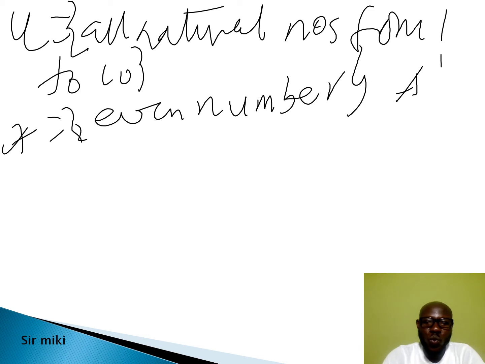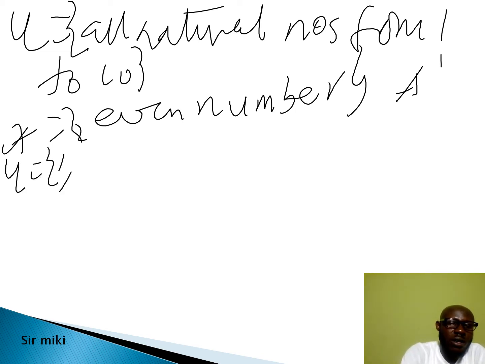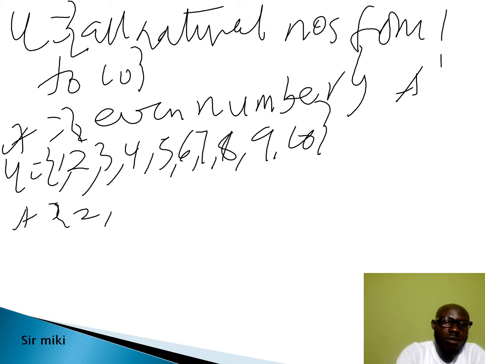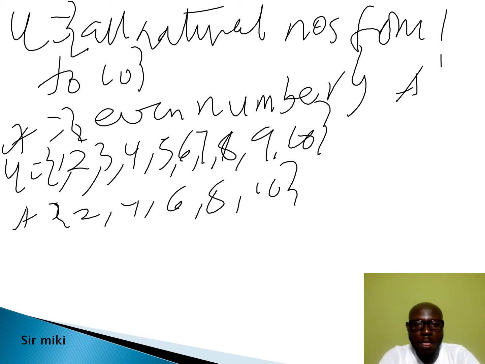So what we have to do is list the elements of set U. Set U will give us 1, 2, 3, 4, 5, 6, 7, 8, 9, 10. And set A will give us 2, 4, 6, 8, 10, because we said even numbers and we understand even numbers already.